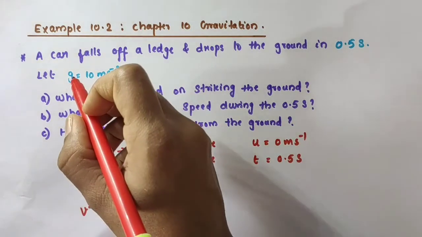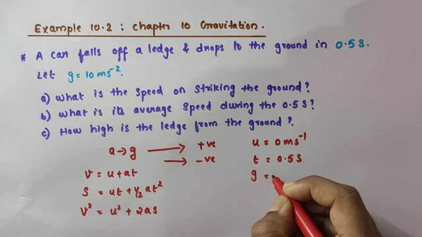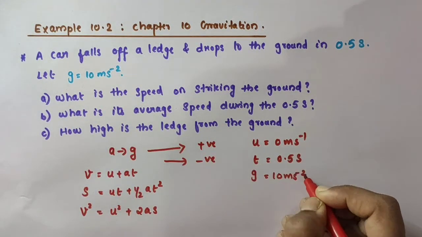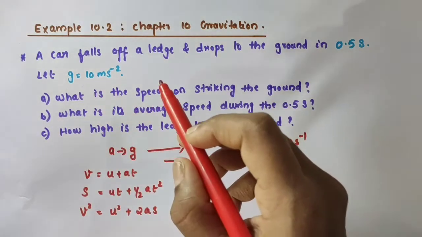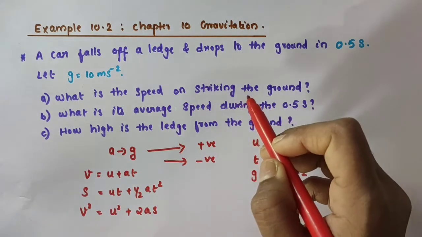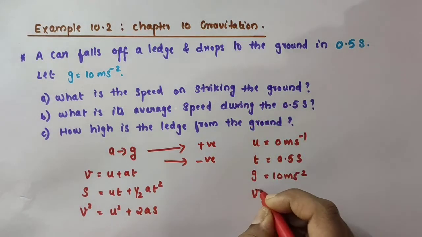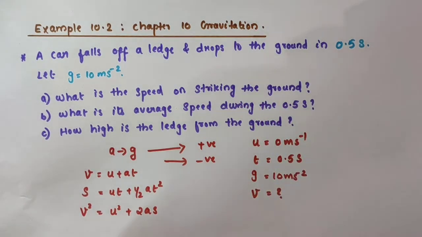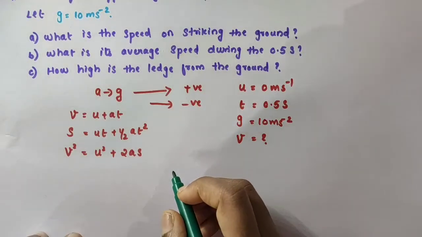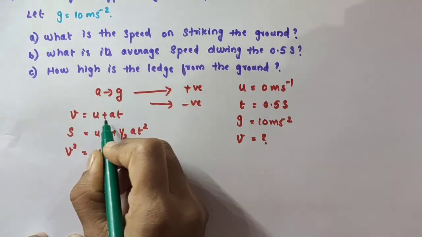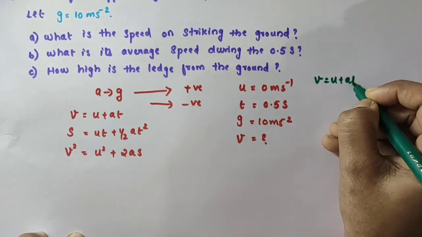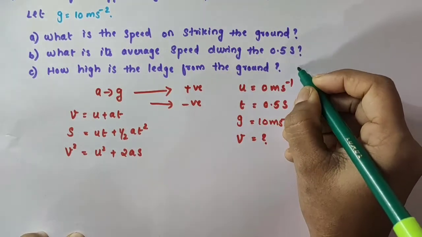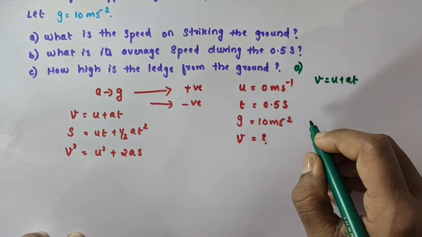Then the g value, acceleration due to gravity, is given as 10 meters second raised to minus 2. First, we want to find out the speed of the car on striking the ground. That is, we want to find out v. Now, I am considering this equation, v is equal to u plus at.